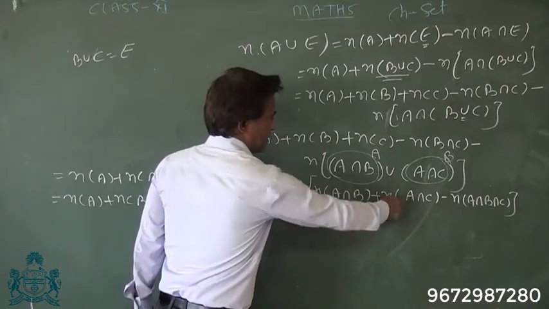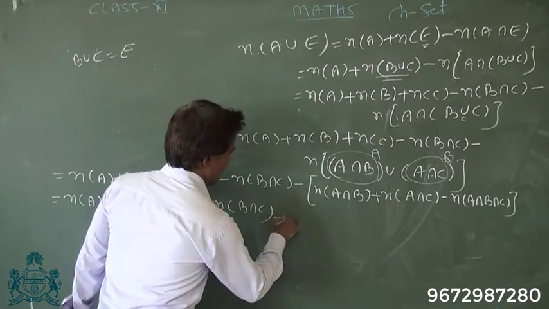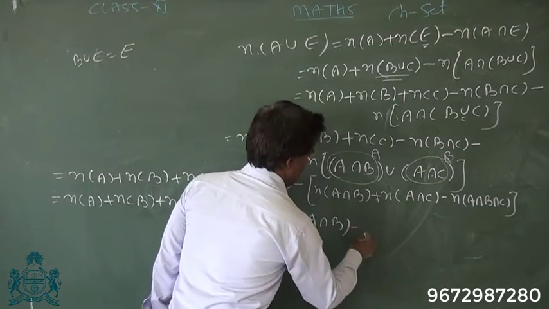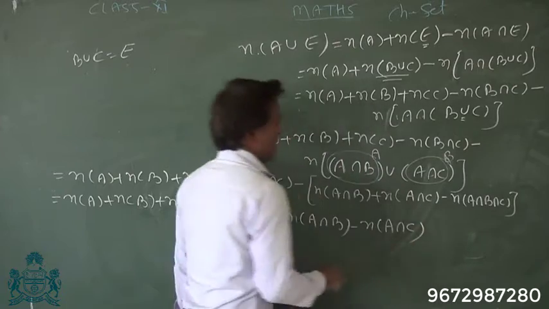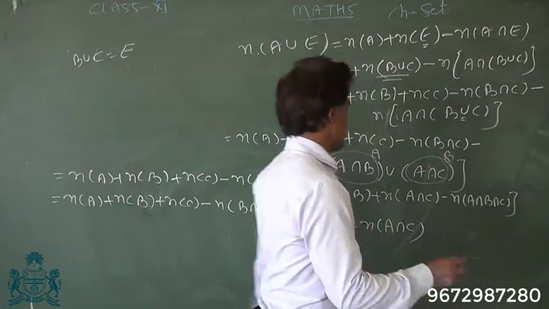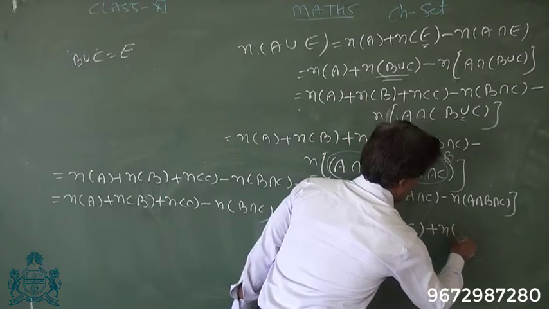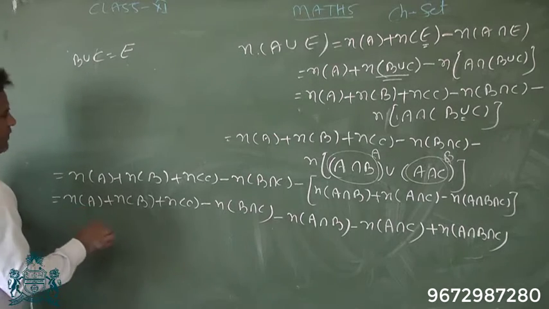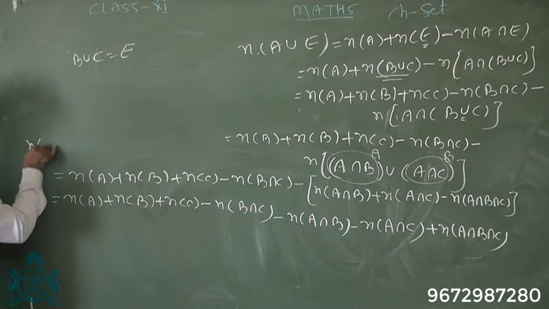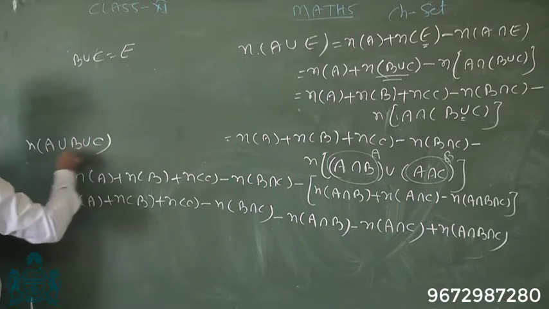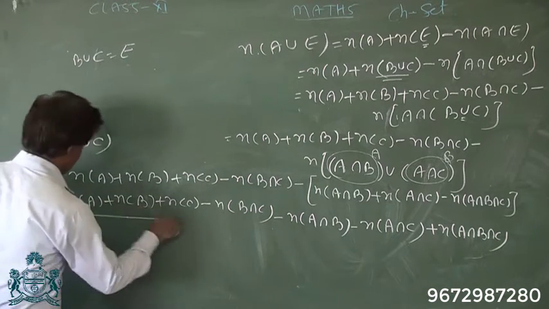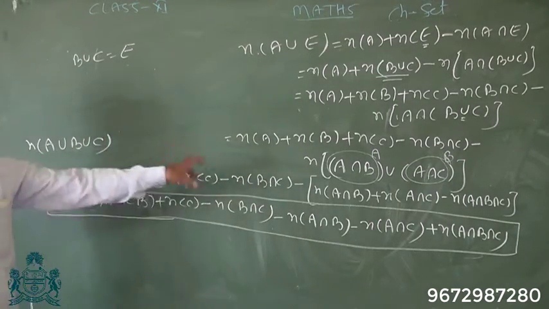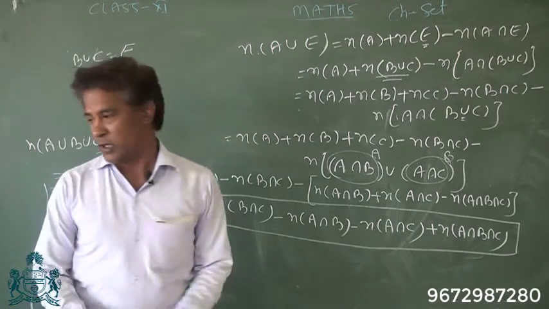Now open this bracket. We get minus n(A intersection B), and plus will change into minus, so this is minus n(A intersection C), and this minus will change into plus, so it equals plus n(A intersection B intersection C). Using this formula, we can find the number of elements in set A union B union C. Okay, this is the formula. This is the derivation of n(A union B union C).